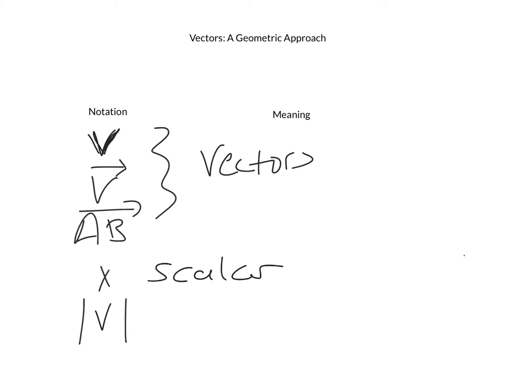Sometimes we might multiply a vector by a number. Whenever you have absolute value symbols around our bold V, that means magnitude.